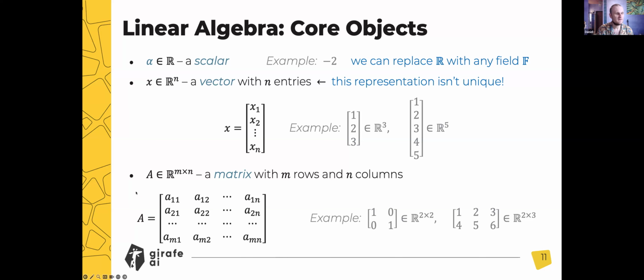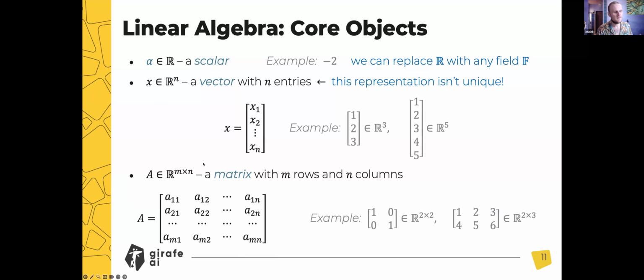Another important object, which for now will be a simple rectangular table, is a matrix. It's called a matrix M times N, meaning it has M rows, first row, second row, mth row, and N columns, first column, second column, nth column.